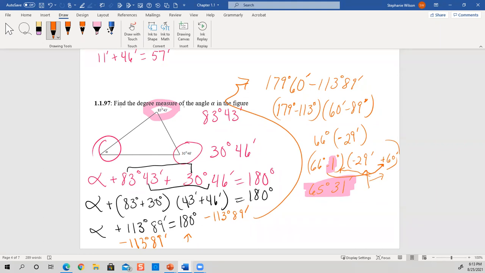So I had 114 degrees and 29 minutes. Yeah, that'll work.